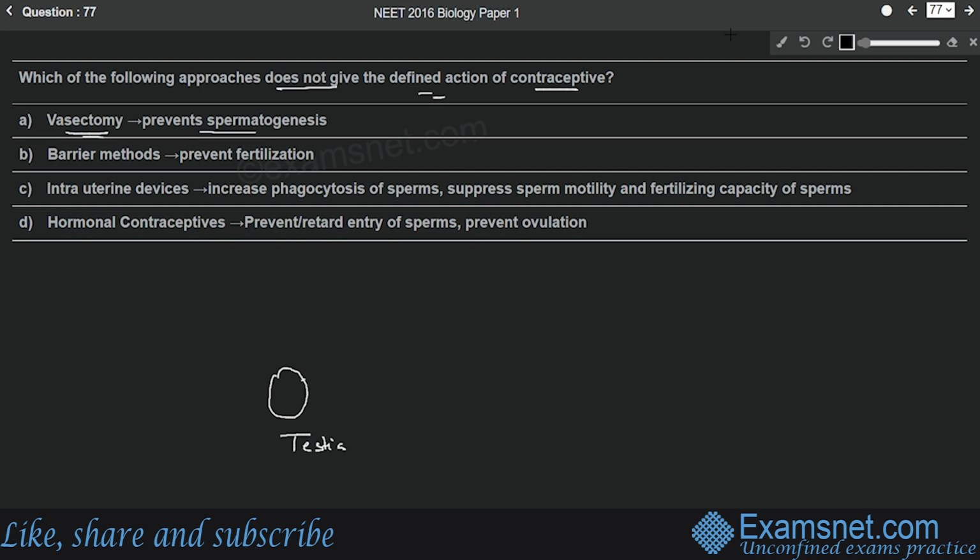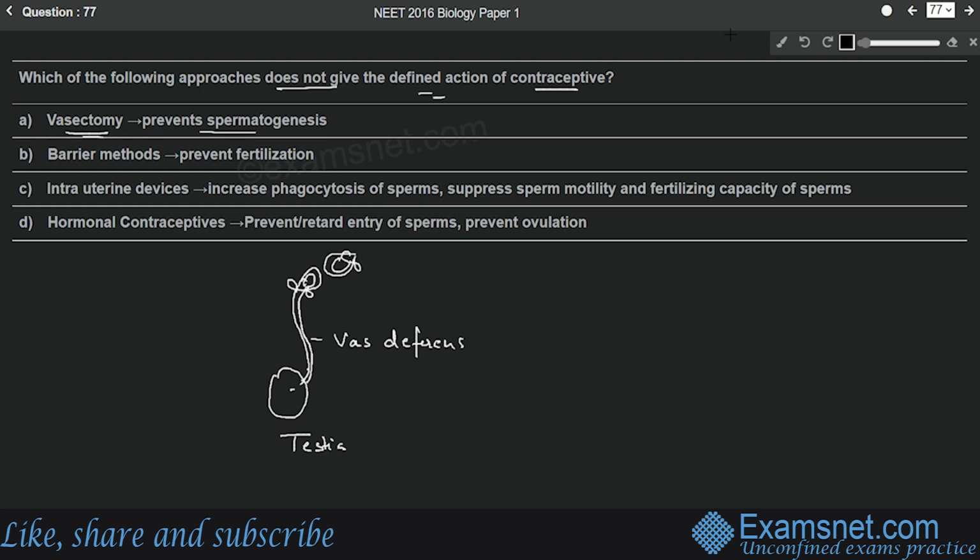Now there is a duct coming from the testis, that is known as vas deferens, through which the sperms from the testis are transported. In the process known as vasectomy, this vas deferens is cut and tied on both the sides, like this. So this way the sperms are not transported further, right? So this is known as vasectomy.